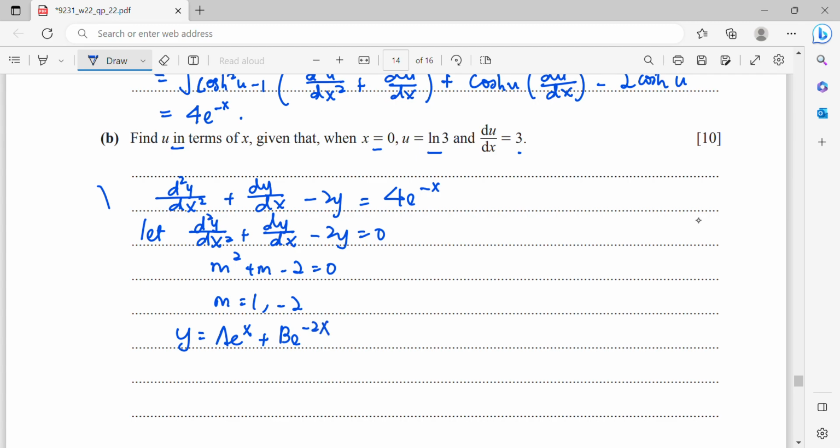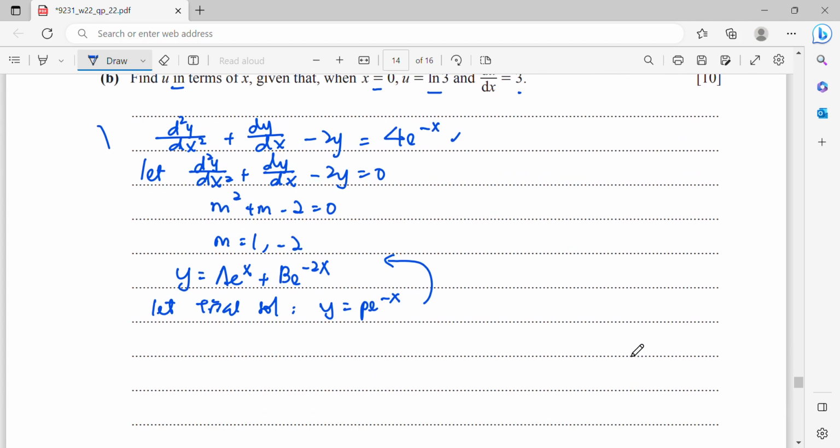Now, when we look at the right hand side, which is 4e^(-x), let the trial solution be y = pe^(-x). Make sure you compare with the general solution and there is no repetition in these two expressions.